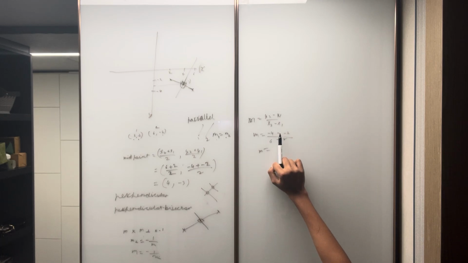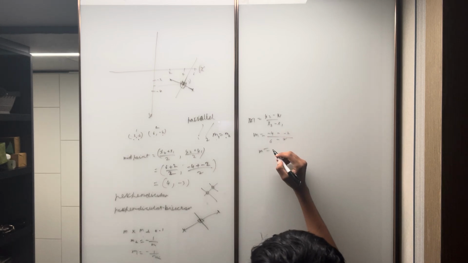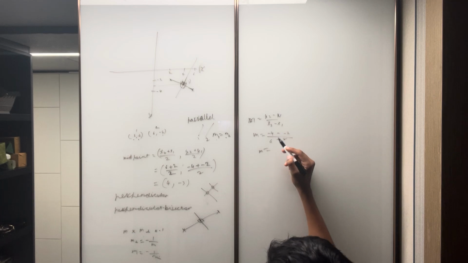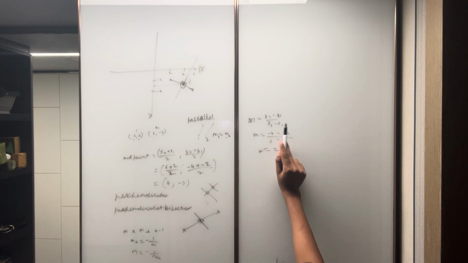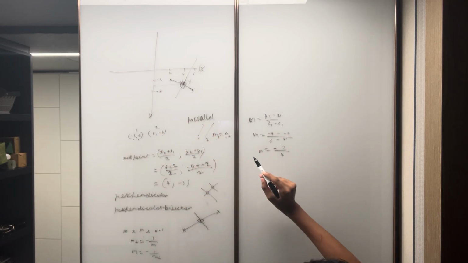Sorry. So you get -2 for the y thing over here on the numerator. The denominator is 6 minus 2, which is 4. As I said, it will be negative.